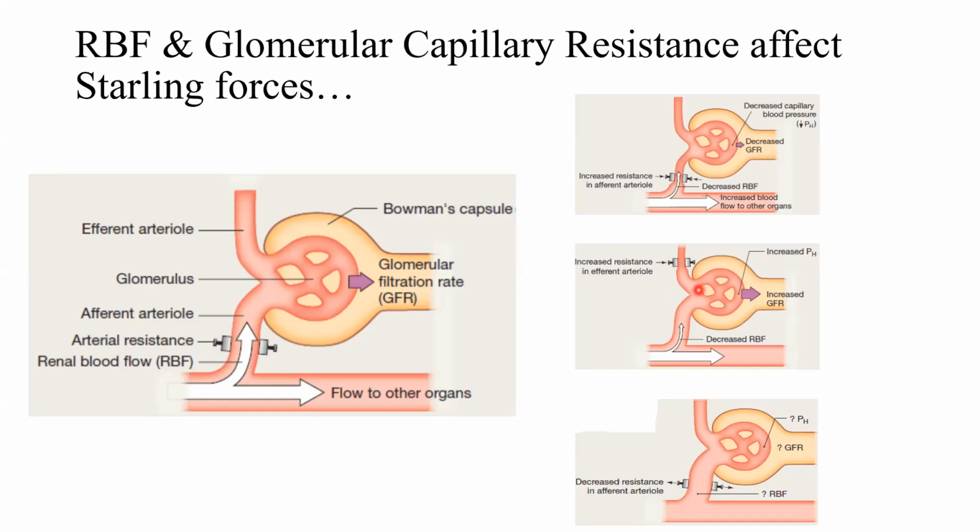When it has nowhere to go, it will become static here. There is stasis, no flow of blood will take place. Now, the initial increase in the hydrostatic pressure, which resulted in increased GFR, obviously will have a limit because there is no fresh blood flowing inside. Imagine that the blood trapped here is just trapped, because the efferent arteriole constriction is so severe that it cannot really move at all.